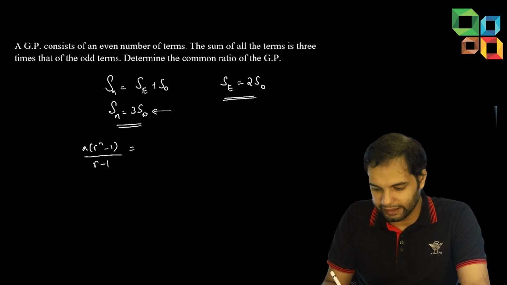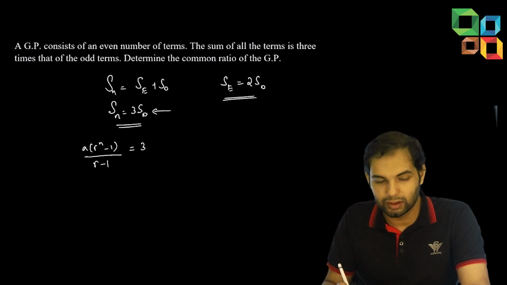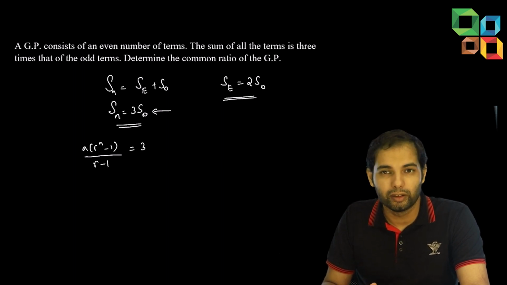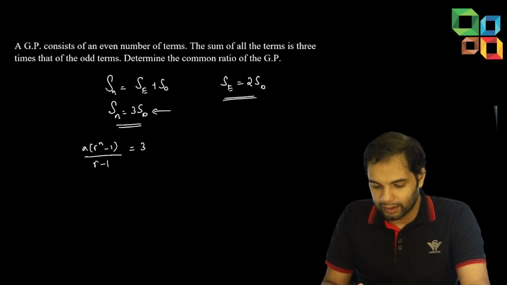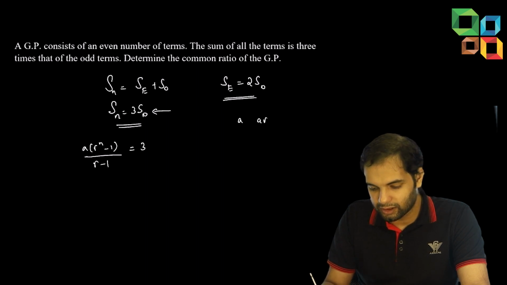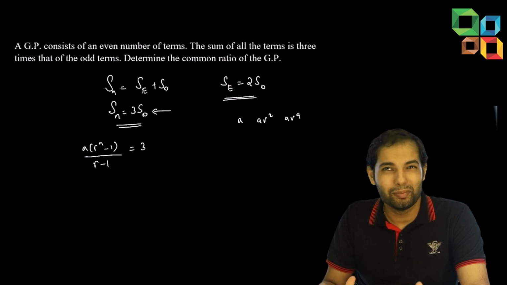Now 3 times S odd, which is basically the sum of odd terms, right? Now we've seen that the sequence is a, ar square, ar power 4. How many terms are there? n by 2 terms, because half of the terms should be there.